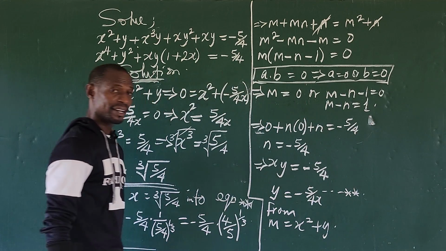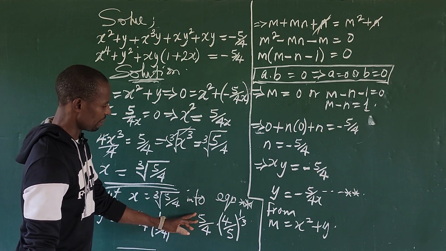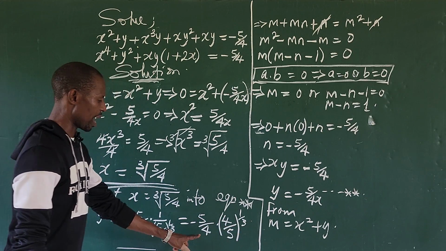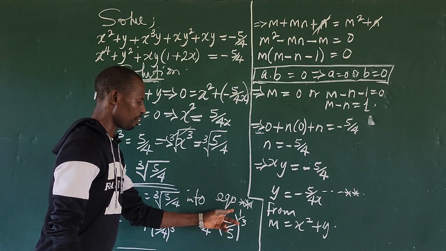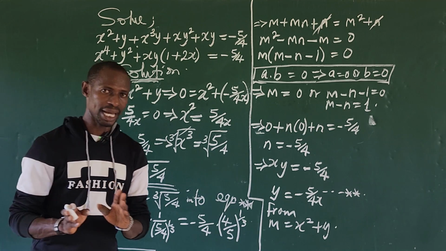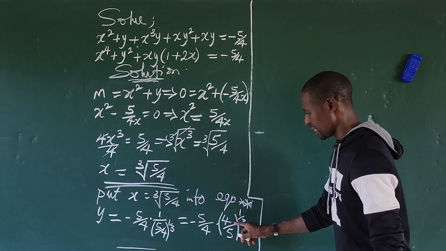Then we have this. All right, now look at what we are having here. Here we are having 5, here we are having 5 to the power of 1 all over 3, here we are having 4, then here we are having 4 to the power of 1 all over 3. We're going to do a manipulation that will give us a unique answer. So let's continue on this side. All I need to do is to rewrite this in this format.